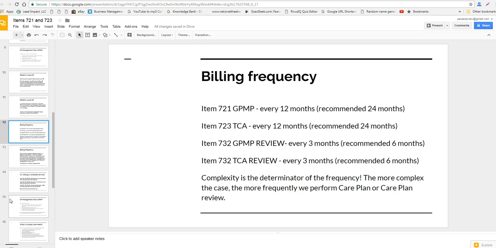For example, if there were new conditions diagnosed during the care plan in the last 6 or 12 months, or the patient's condition deteriorated, or there were side effects, the lifestyle intervention failed, or another lifestyle intervention is needed, that all determines complexity.